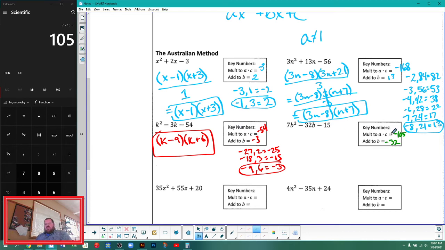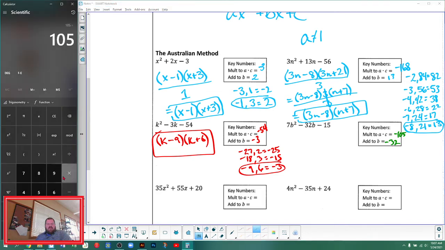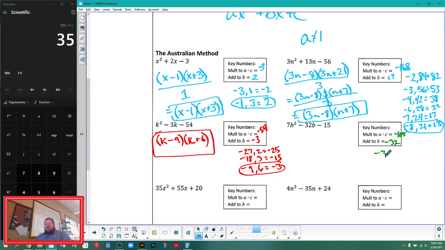I'm actually going to think about, well, it's a multiple of 3. 105 is a multiple of 3, and it's 35 times 3. And I want a negative here, and this is going to give me a negative and a positive. So let's say negative 35 and positive 3. When I add those together, I do get negative 32.